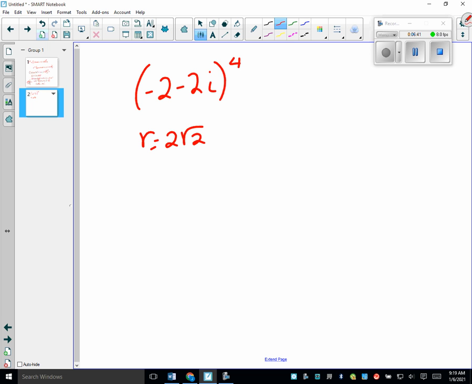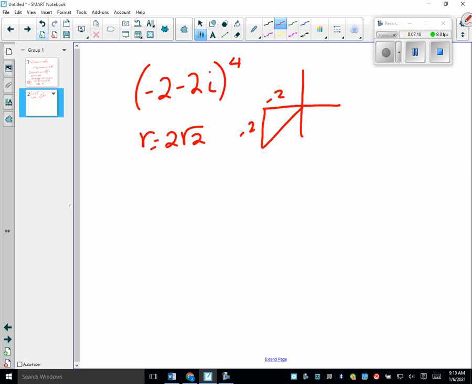Now, negative 2 is in what quadrant? 3? So we're here. This is negative 2 and this is negative 2. What's my angle? Okay. Do you remember that I said we're going to convert it to polar and back to rectangular? So you guys can choose if you want degrees or radians. Radians.